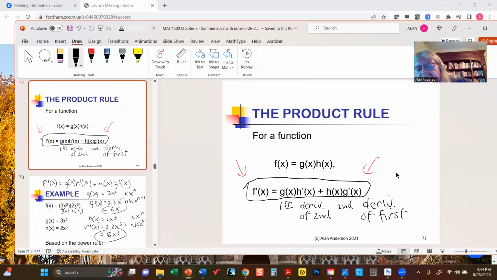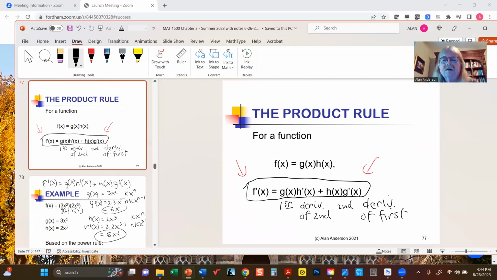All 4 of them are involved in this formula. And something like this, you really should try to memorize because it's so important. You'll see it quite often. So this is one way we can write it. It's not the only way, but algebraically, there are other ways we can express this. But this is a common way of writing the product rule.